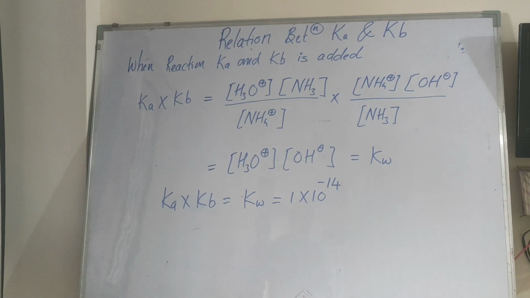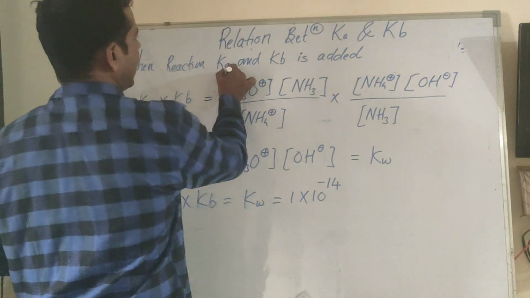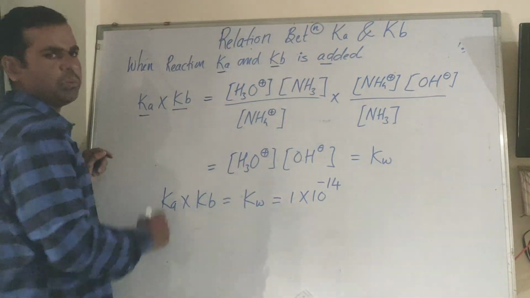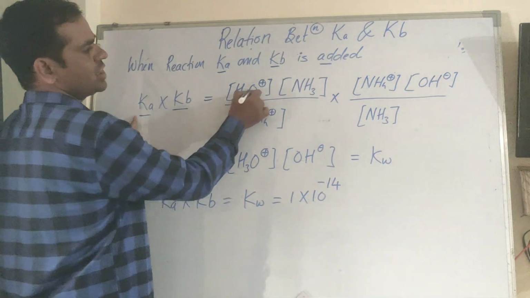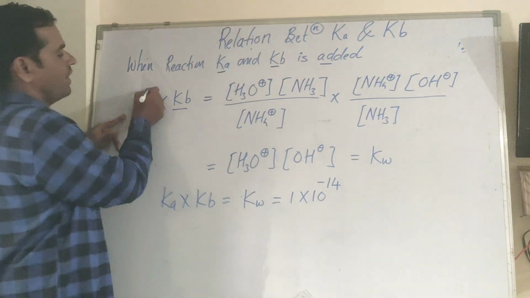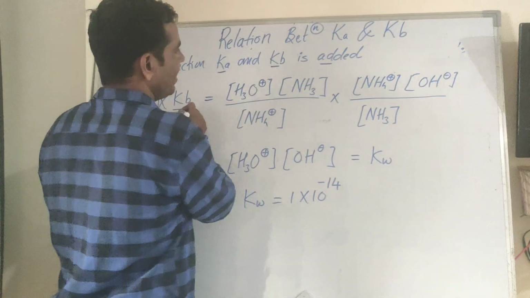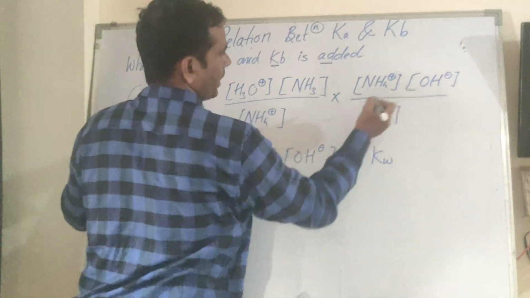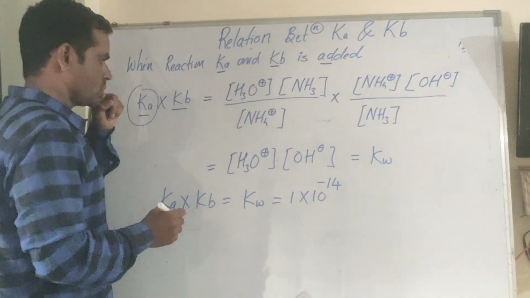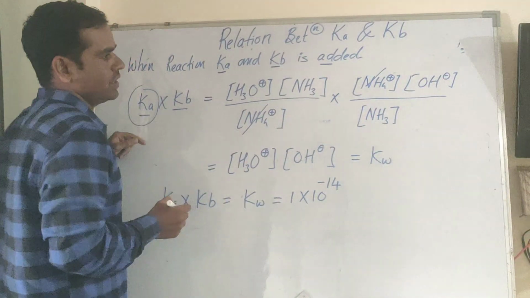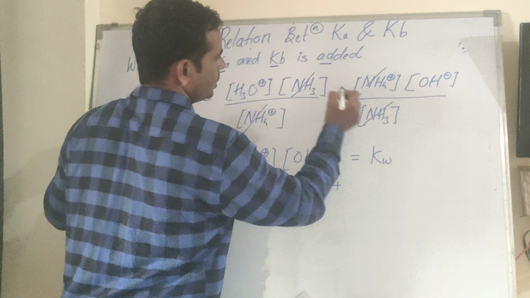Now look at the relation between Ka and Kb. When the reactions are added, Ka times Kb: the value of Ka is H3O positive times NH3 divided by NH4, and the value of Kb is NH4 positive times OH negative divided by NH3. So NH4 is cancelled, and NH3 is cancelled.